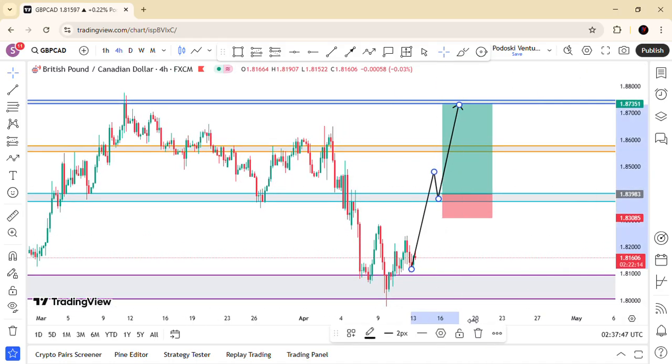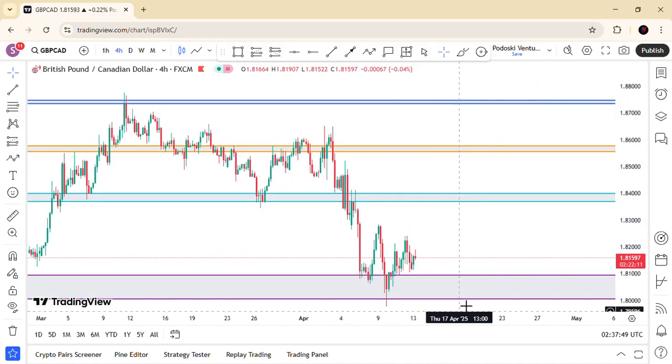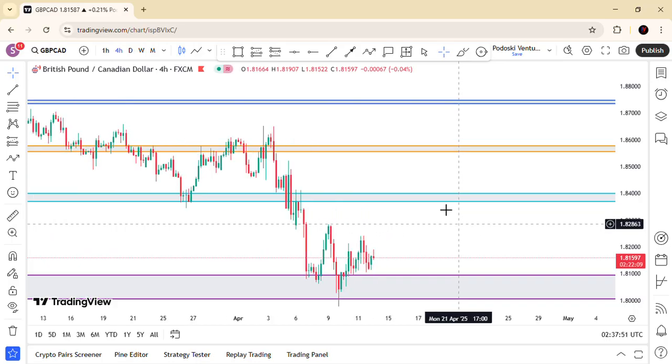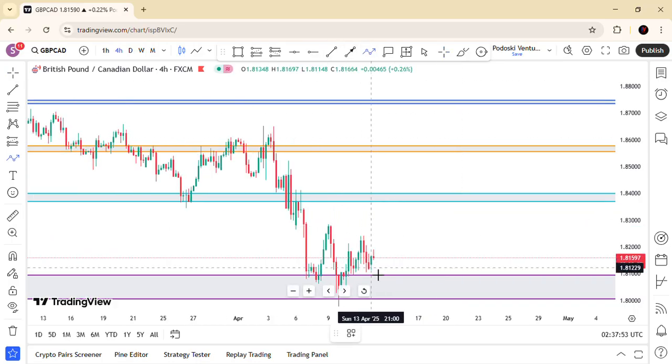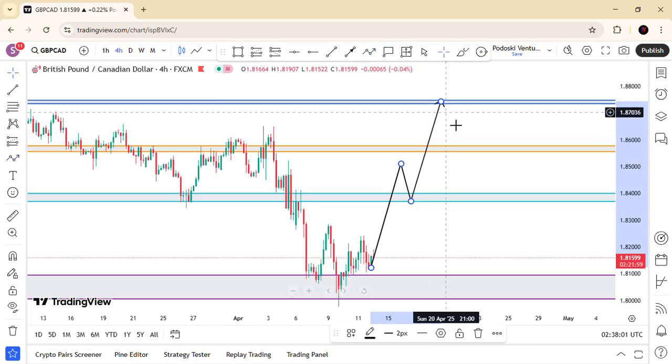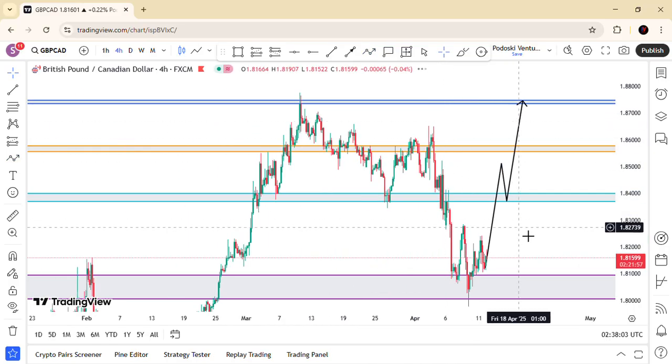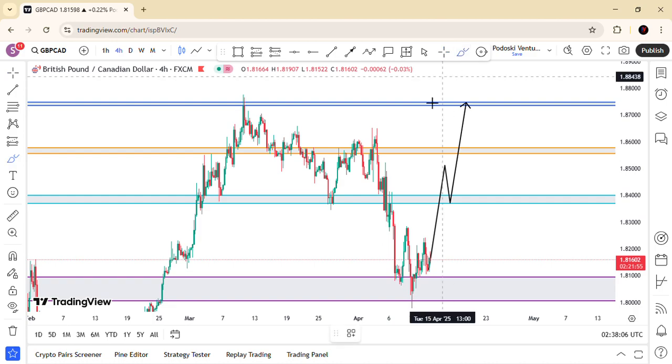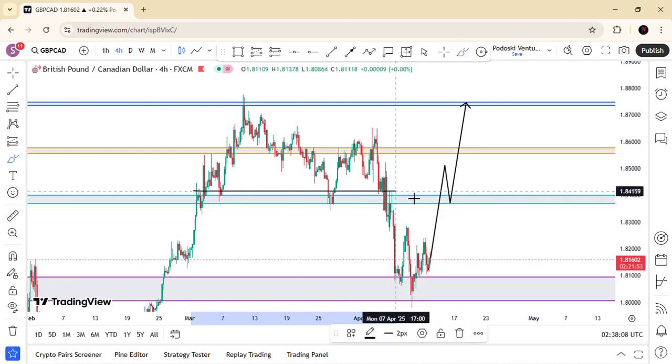We just have to wait for price to break structure, price to break out of the daily zone. Then we wait for a retest before we buy all the way to the upside. Why we are waiting for the retest is because of this daily zone.